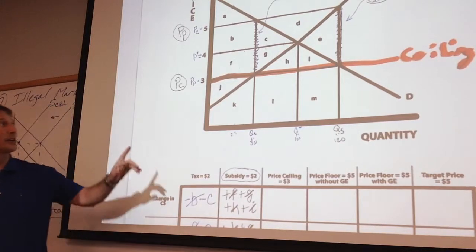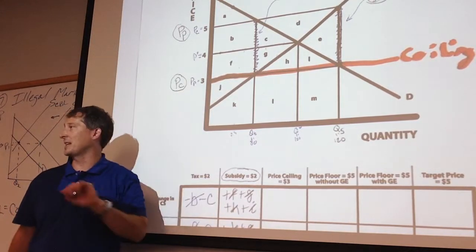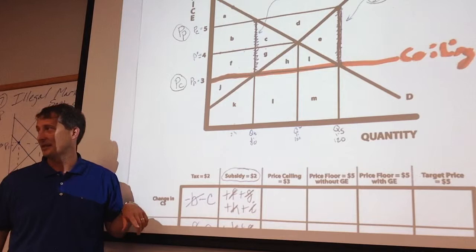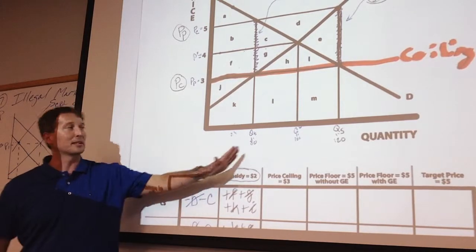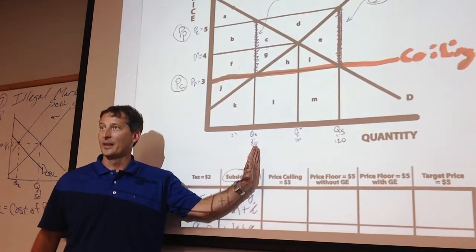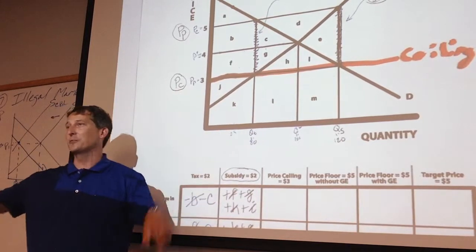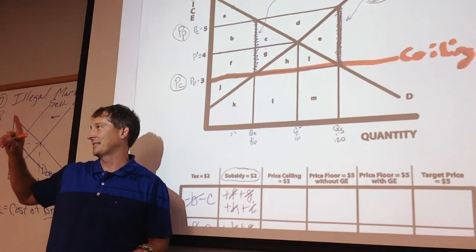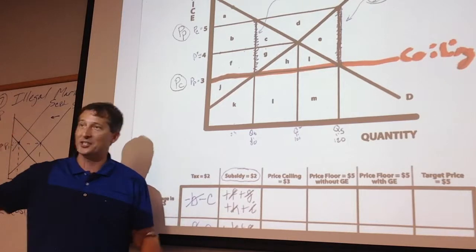Now, why are you stopping with just ABF? What's the key thing we got to know with the ceiling? With the ceiling, it brings the quantity down. Good, right? So a price ceiling created what that begins with an S? A shortage.